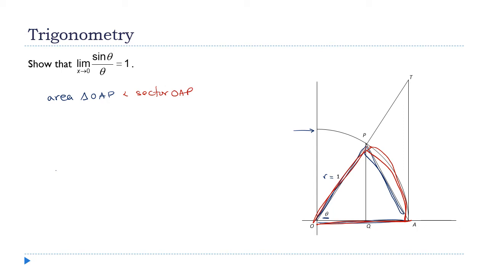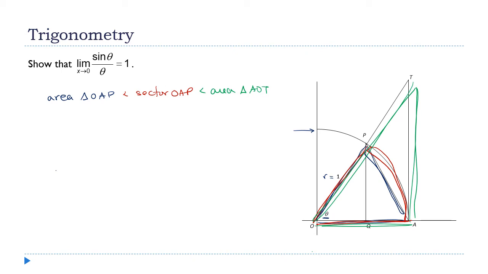Now we've got to go one step further and look at triangle OAT. That's this big guy here. That is still bigger than the area of the sector. That's bigger than both of the other two objects.